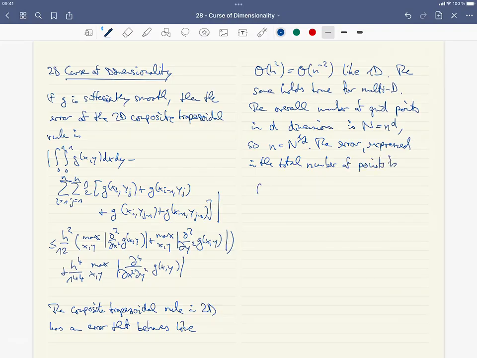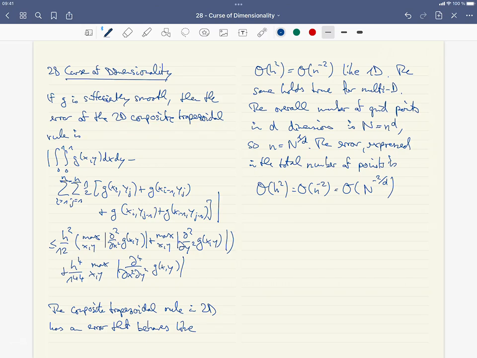It is O of h squared, which is O of n to the minus 2, and little n we have seen here, so that's O of N to the minus 2 divided by D.